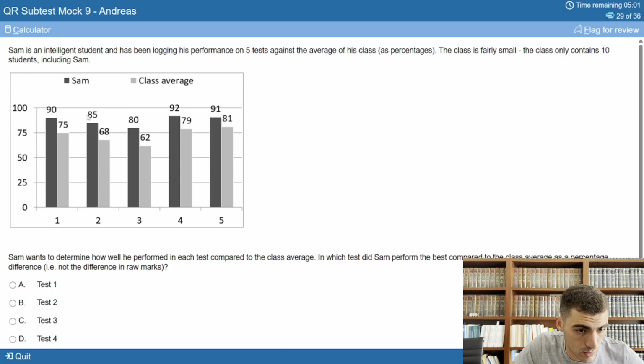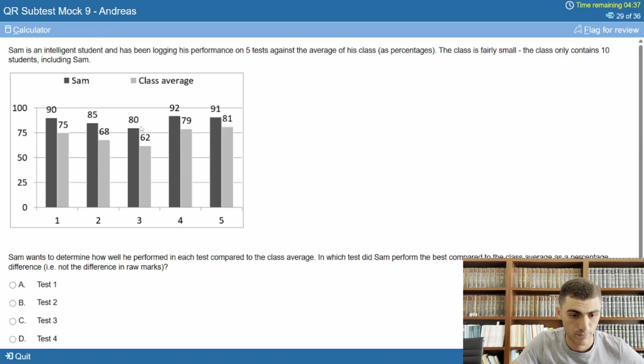So 85 over 68, so 68 is 4 times 17, and the difference is 17, so 85 minus 68 is 17, and I know that 17 is a multiple of both, so it's 5 times 17 is 85, 4 times 17 is 68, so this is 5 over 4, so it's 1.25.